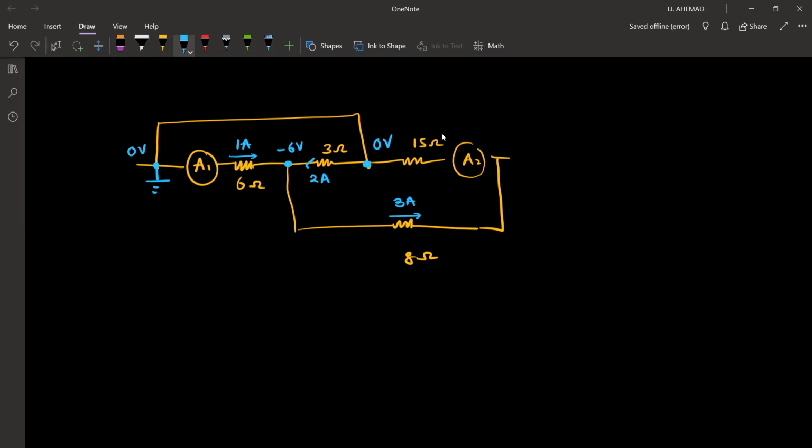The potential drop is 24. So already it is -6. From -6, a drop of 24, that is -30. So now you know the potential difference across this resistor, that is 30. 30 is equal to 15I in this direction. So I is equal to 2 ampere.